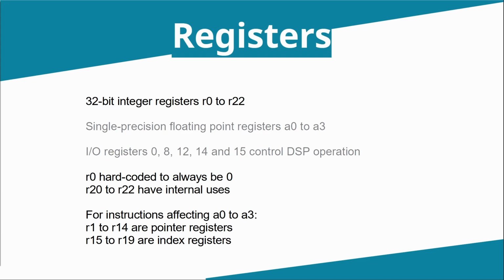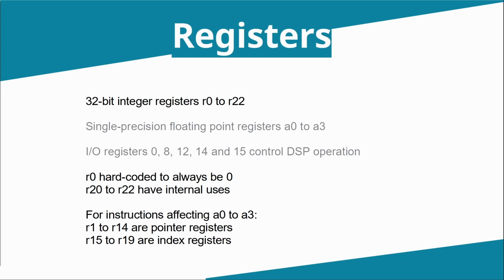But looking a little bit further at those R registers, the integer registers, there are some things to know about them. First of all, R0 is hard-coded always to be the value 0. It enables move operations to actually be encoded as add operations. Registers R20 to R22 do have some internal uses, so although in principle they're usable by programs, in practice they are off limits.